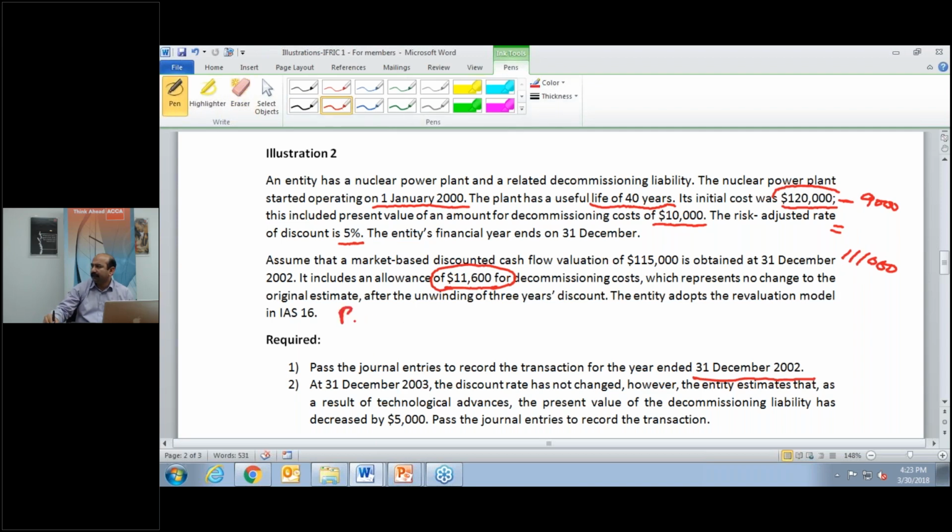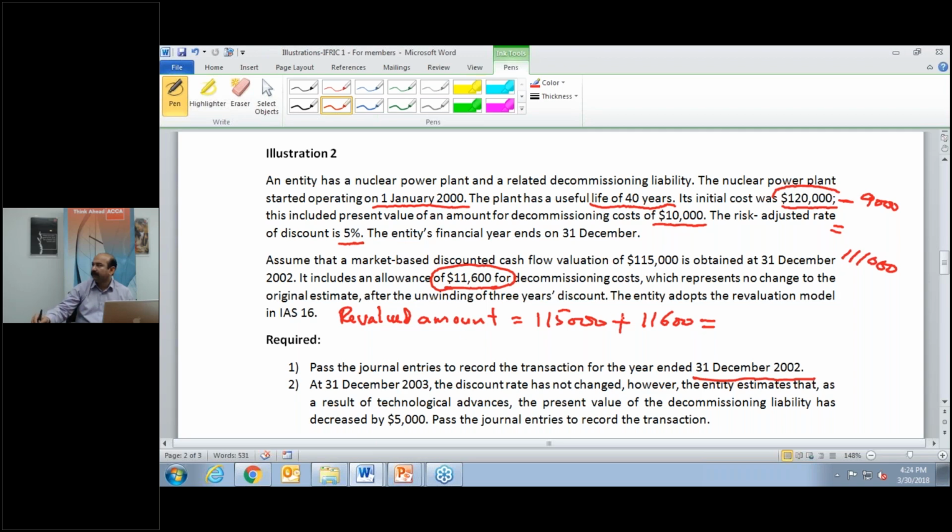The revalued amount is 115,000 plus 11,600.